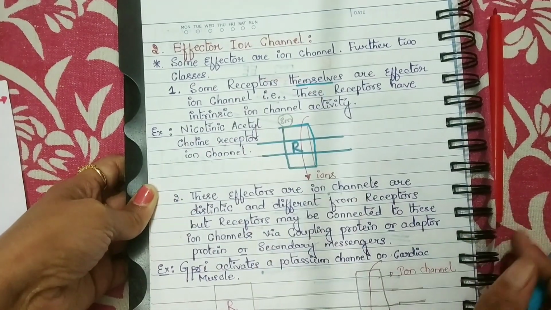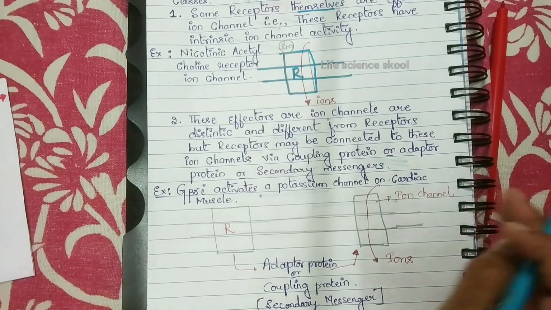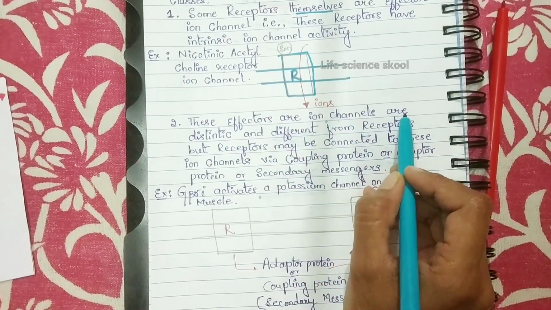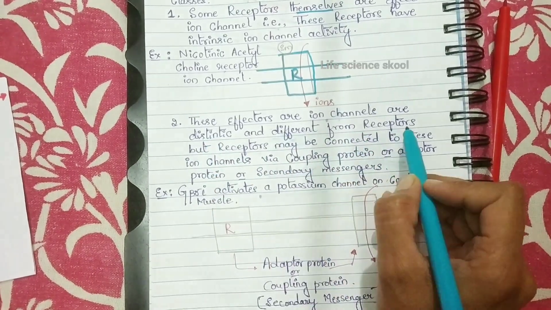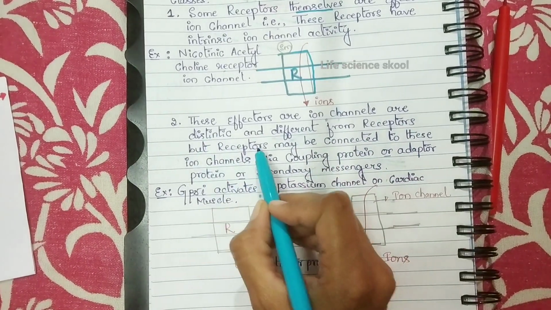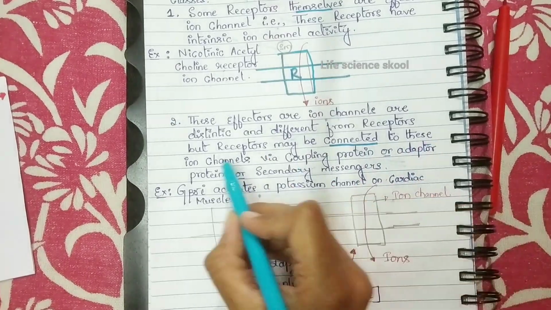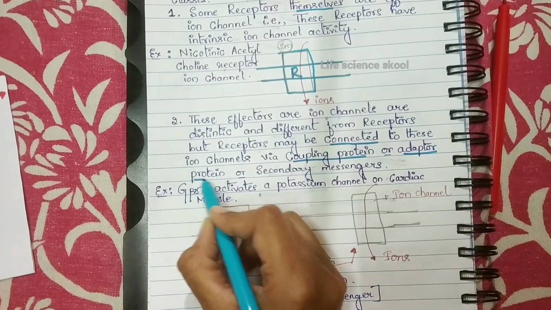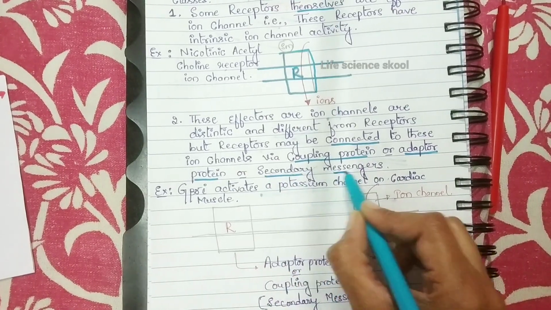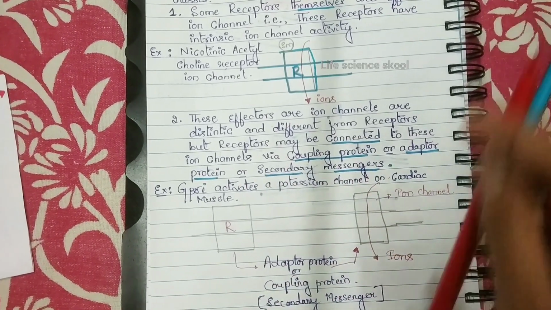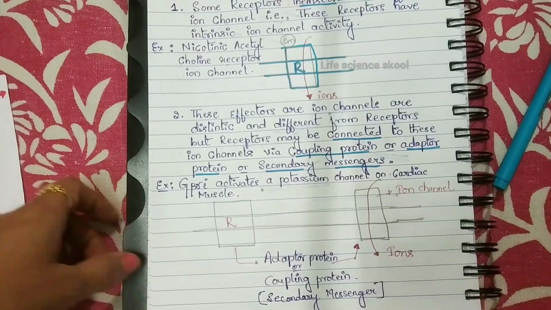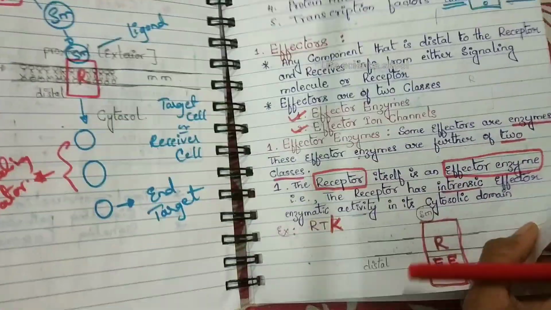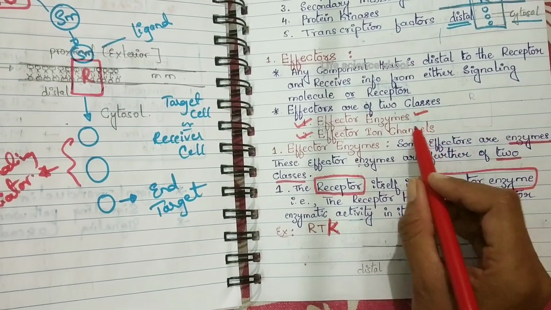Next one, the second type. Here the effectors are ion channels, and they are distinct and different from receptors, but receptors may be connected to these ion channels via coupling proteins or adaptor proteins, or by secondary messengers. This one is very easy to understand if you have studied the first type, effector enzymes.